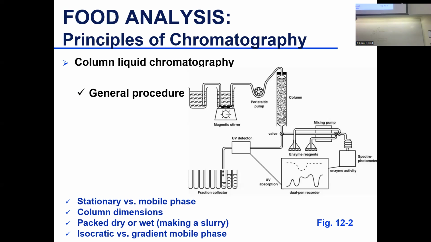Longer columns allow more interactions and more separation between the different components. I'll talk about that resolution later on, maybe next lecture or the one after that. But the longer and the narrower the column, the better separation you get, the sharper chromatographic peaks you get. Whereas larger columns are usually used if you don't really care about purity and you just want to separate a large amount of sample.